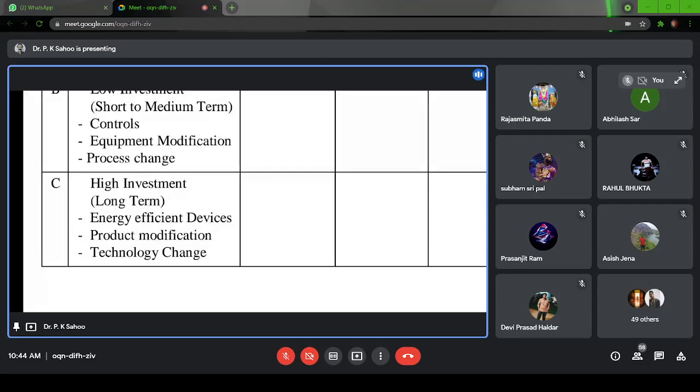Sometimes new versions come. In your books, B.L. Theraja or A.K. Theraja or Hadi Saadat, again they are reviewed and new versions come. That is the modification of the books.